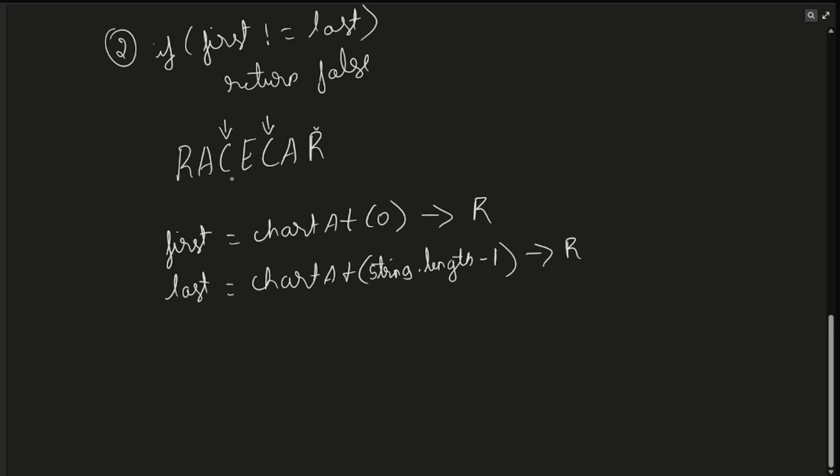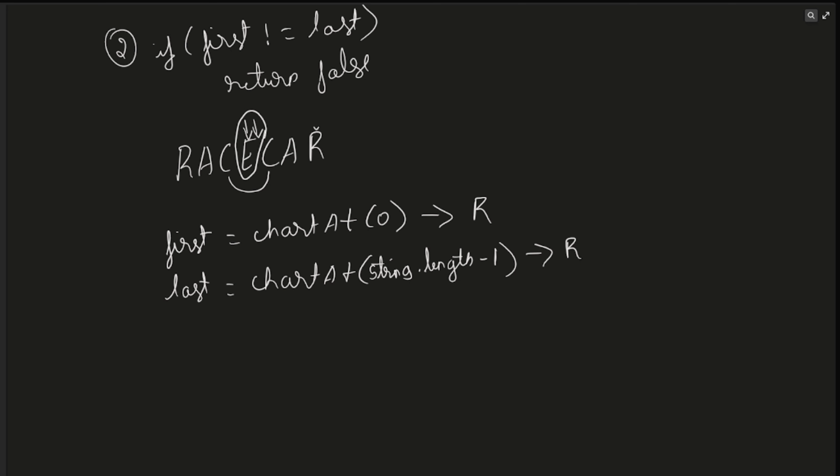Again, if condition is checked, they are equal in this case. So move the pointers. Now our pointers are pointing to the same character. In this case, the iteration of all the characters are completed and it is said to be a palindrome string since none of the characters from forward and backward are different.